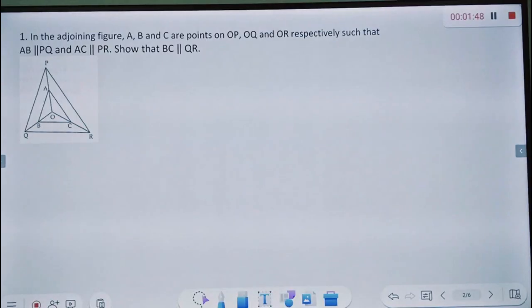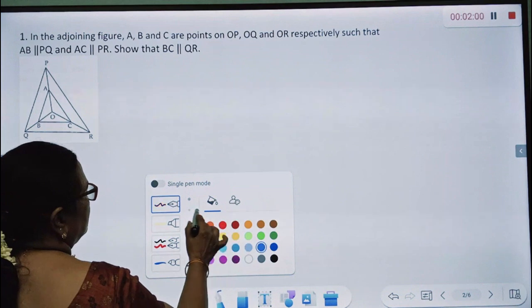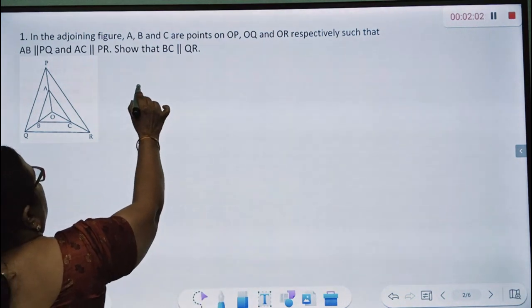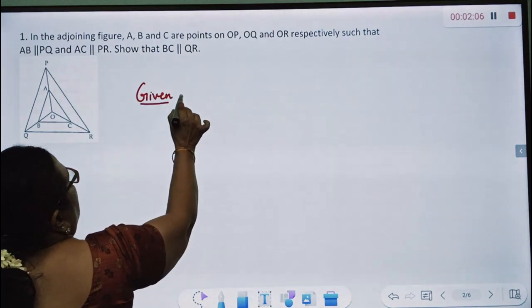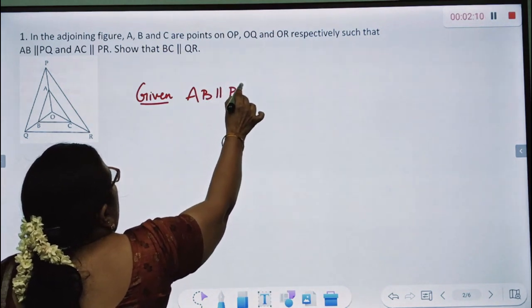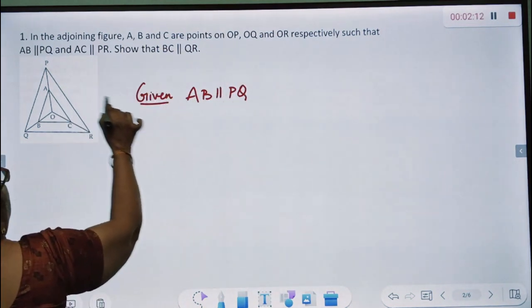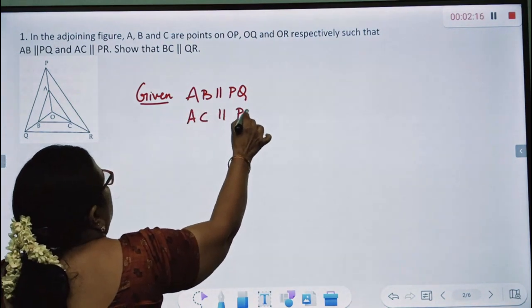Now look at this figure. A, B and C are points on OP, OQ and OR such that AB is parallel to PQ. So you are given AB is parallel to PQ and AC is parallel to PR.